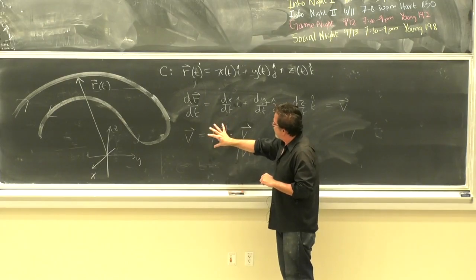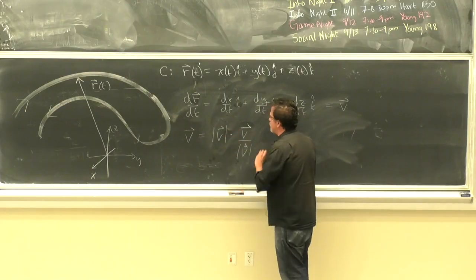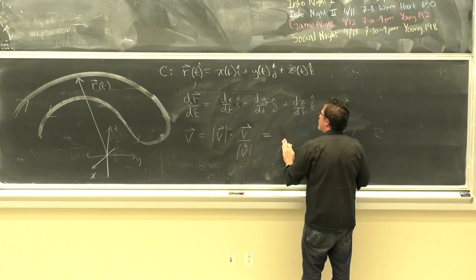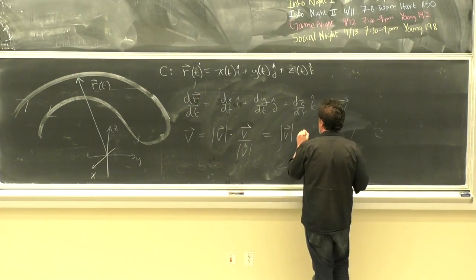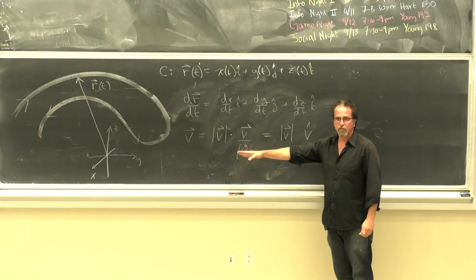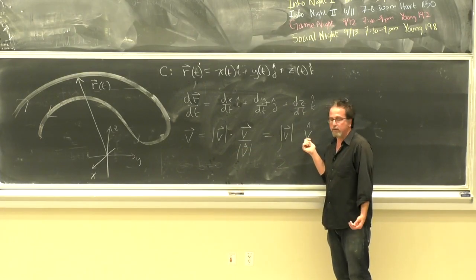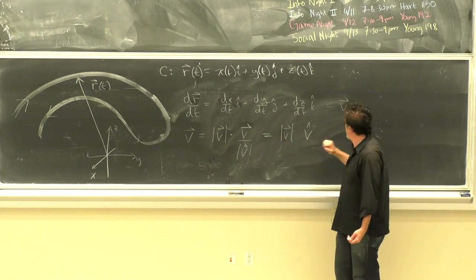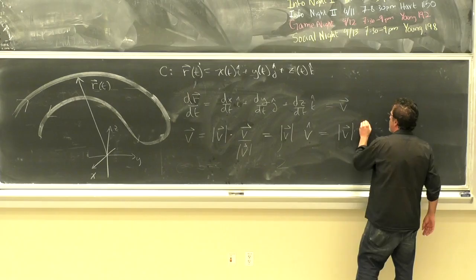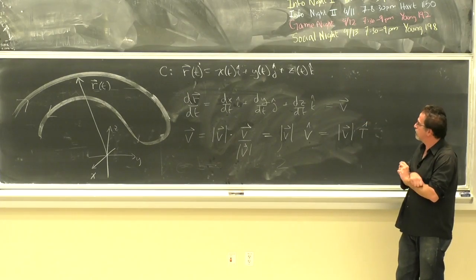I've just multiplied and divided by the magnitude of v. This combination is a unit vector, which is called v hat. That is to say, it's a vector in the direction of v, but with length 1, and so all the length is carried by the magnitude of v. This vector has a name also. This is the tangent vector, and we will be using t hat to denote the tangent vector throughout this section.